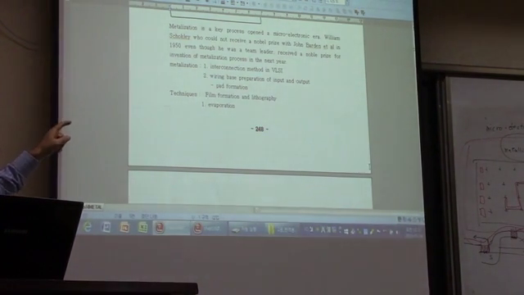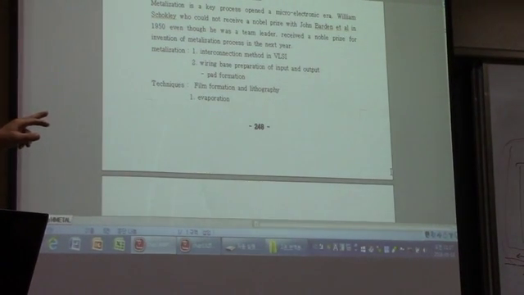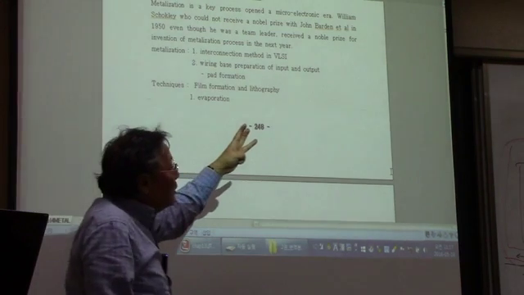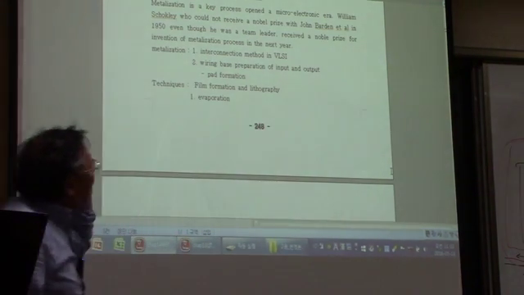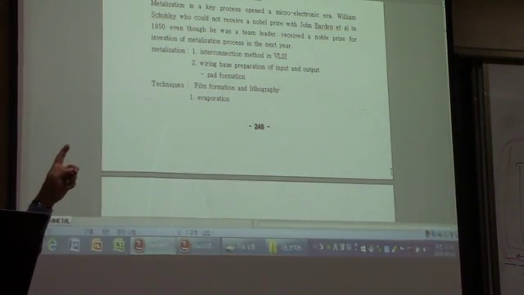William Shockley could not receive a Nobel Prize with John Bardeen. We have three persons who invented the semiconductor transistor at Bell Lab in 1949, I think.